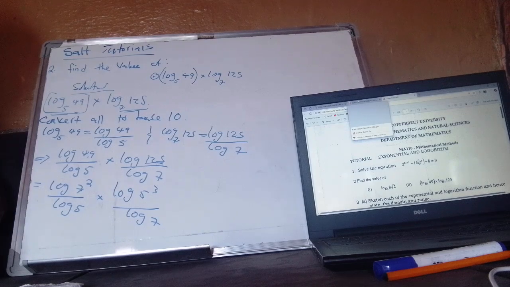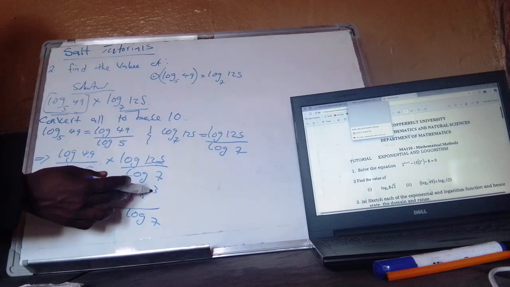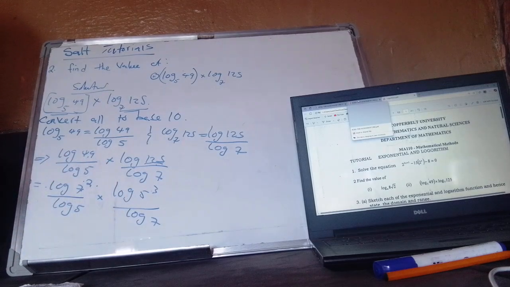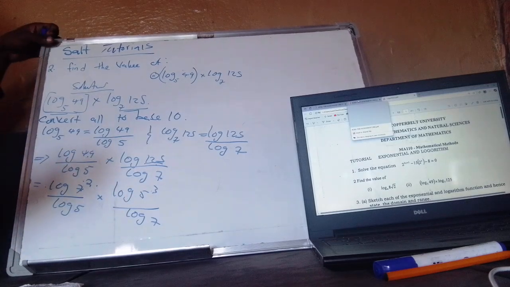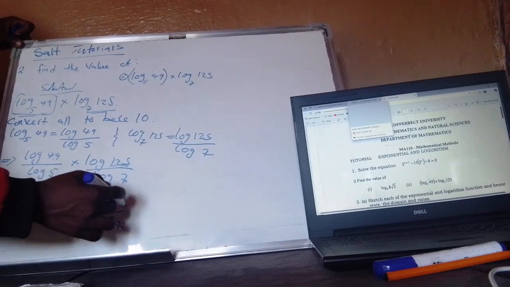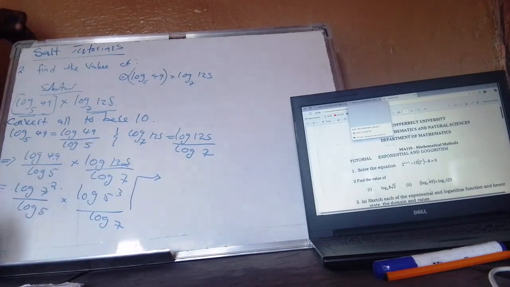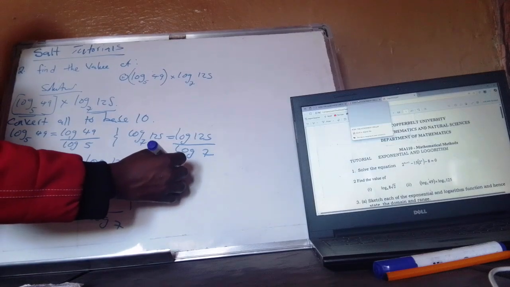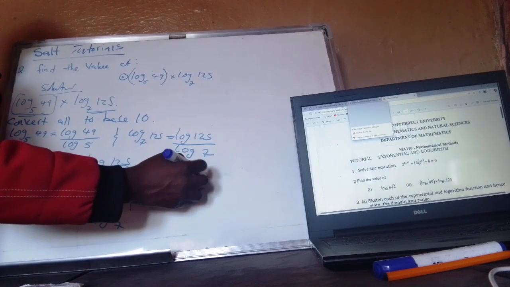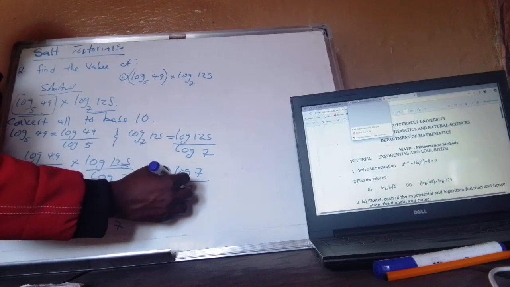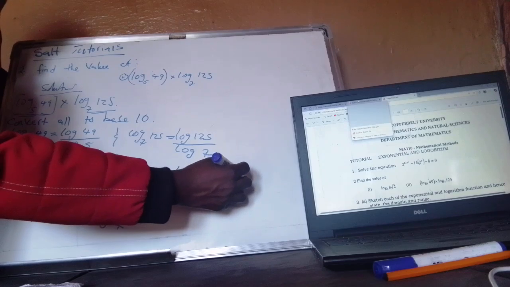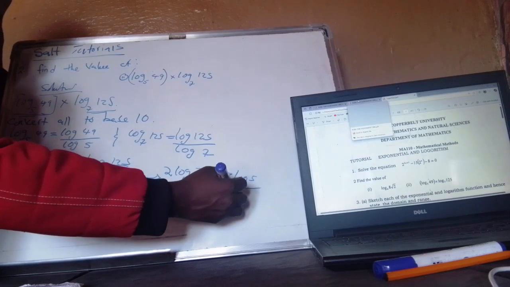So what is going to happen here, from the power rule, the powers can drop down. I'm sure we are familiar with those rules. The powers will drop down. Eventually, what are we going to have there? We are now going to have 2 log 7 over log 5 multiplied by 3 log 5 over log 7.